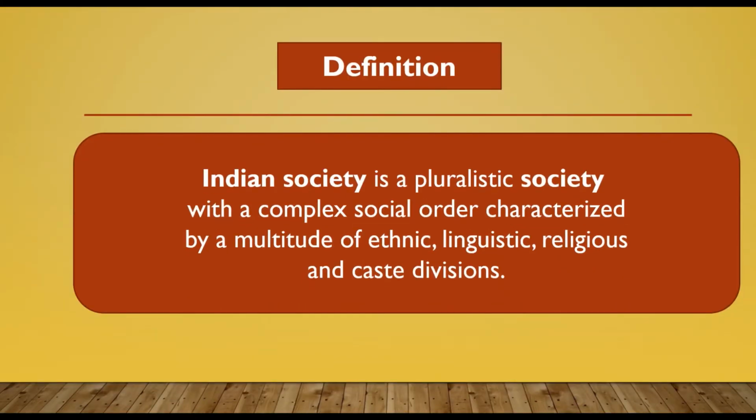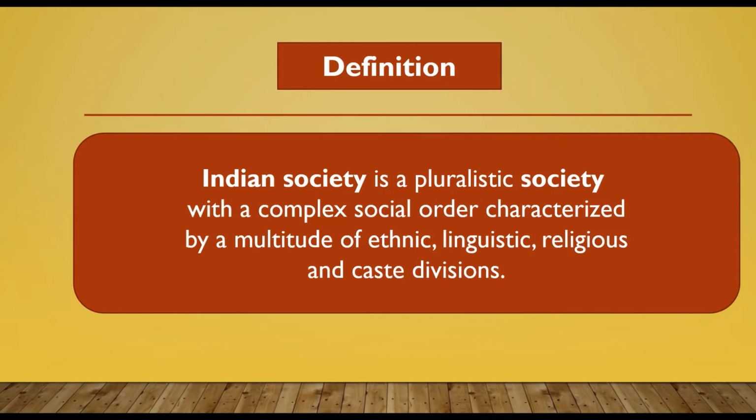And here, the definition of Indian society: Indian society is a pluralistic society and it is also having a complex social order. So, this social order is not very simple, it has a complex base. Why is it a complex social order?